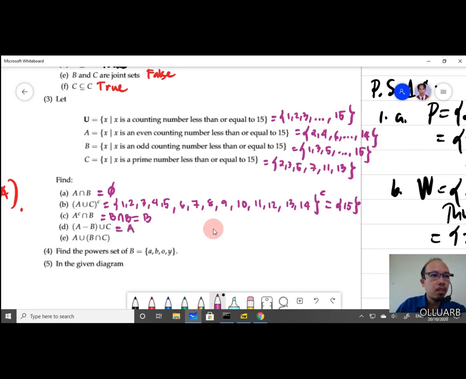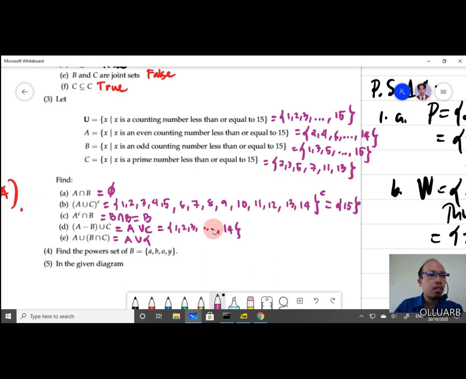So we have A union C. A union C is here, which we have in letter B. So 1 up to 14, 3 and so on up to 14. And then letter E, first get the intersection of B and C. So we have a grouping symbol here.